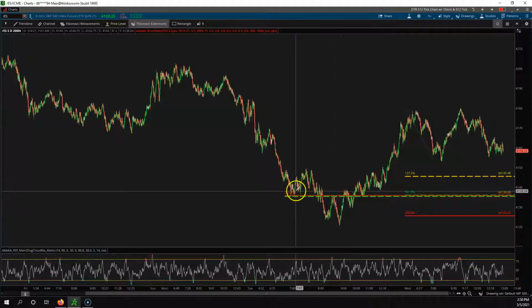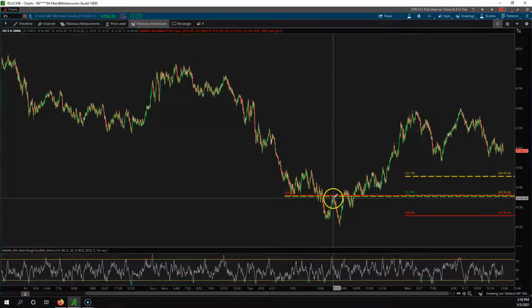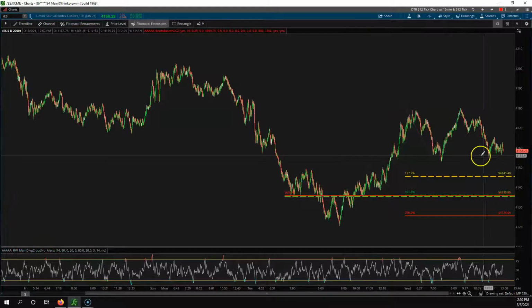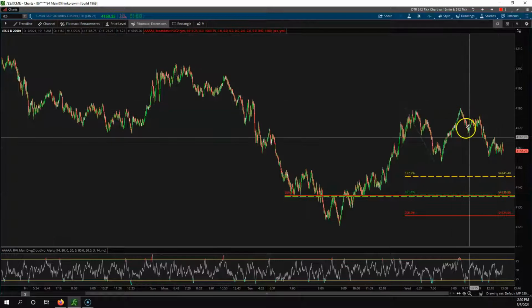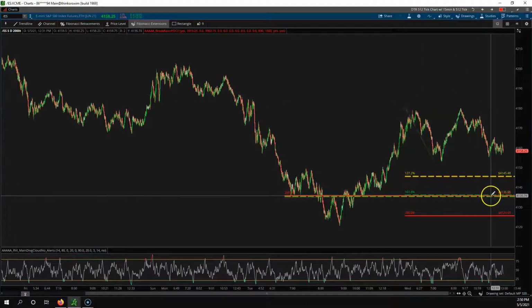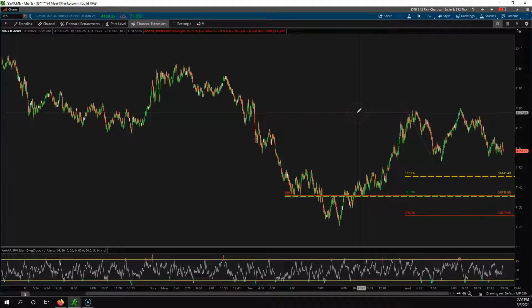The reason being is because we have support, resistance, kind of resistance, support, the very first touch with a Fibonacci move from this pattern. I think everything lines up where I would love to get long at this 41.35 for a potential bounce, if that happens. So that's it for this Fibonacci video.